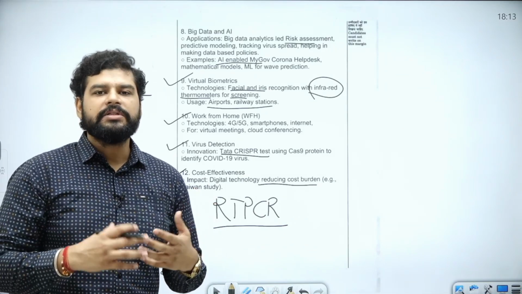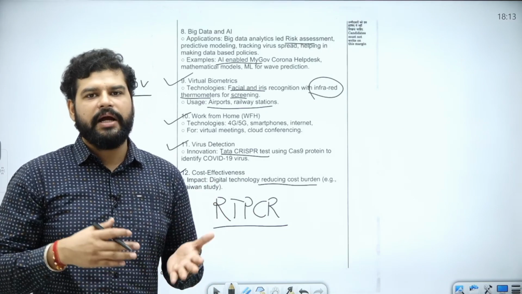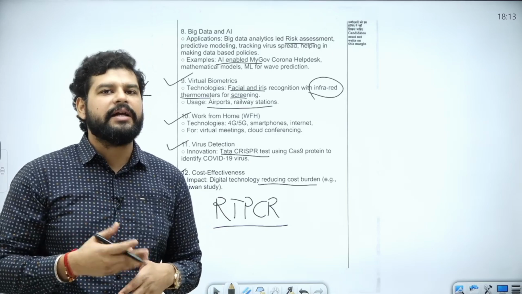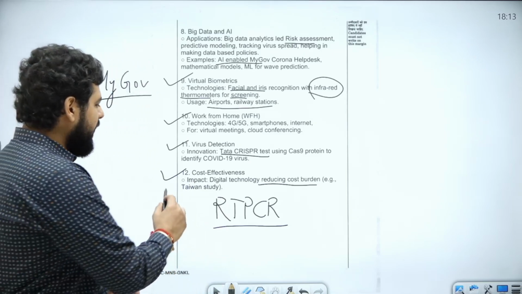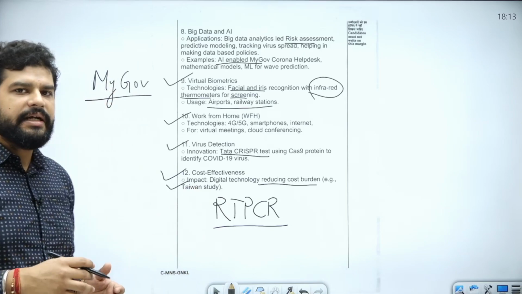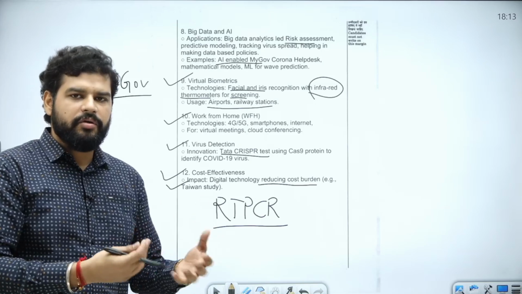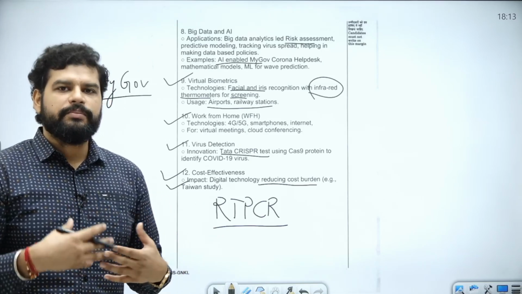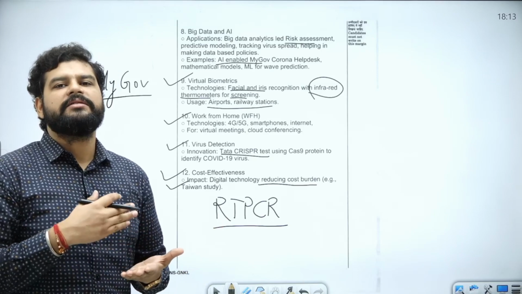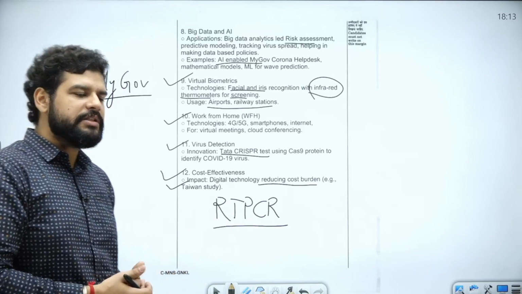There was a study in Taiwan which proved that this has actually happened: the cost of finding the cure, and the cost for the patient and the doctor, was reduced because of the adoption of digital technologies.